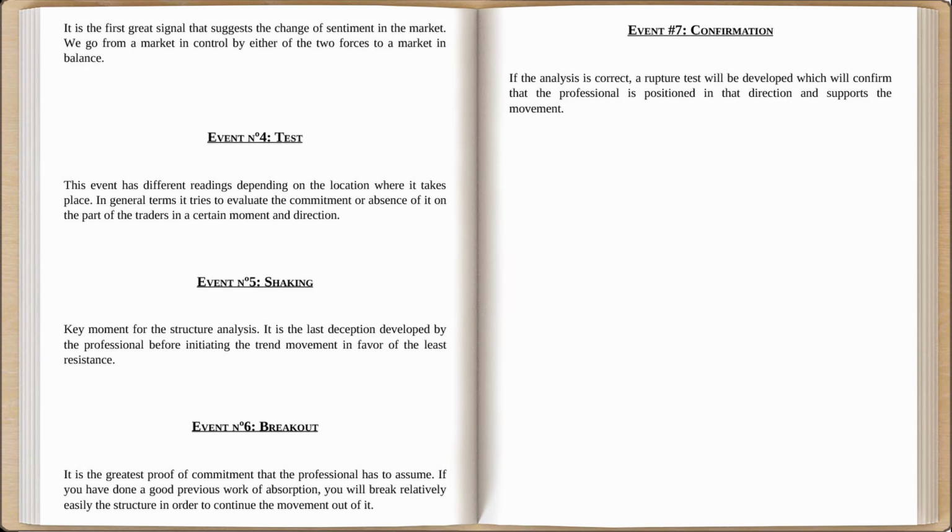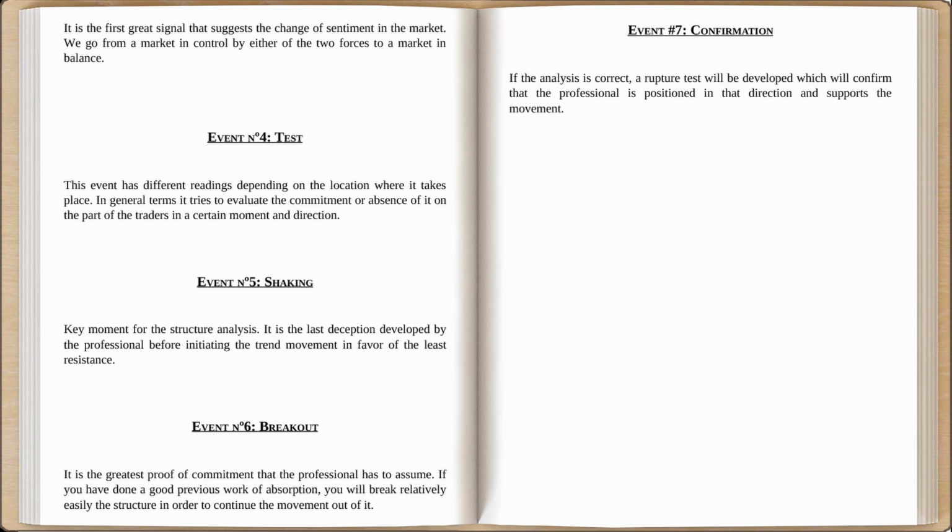Event number 4. Test. This event has different readings depending on the location where it takes place. In general terms, it tries to evaluate the commitment or absence of it on the part of the traders in a certain moment and direction. Event number 5. Shaking. Key moment for the structure analysis. It is the last deception developed by the professional before initiating the trend movement in favor of the least resistance.